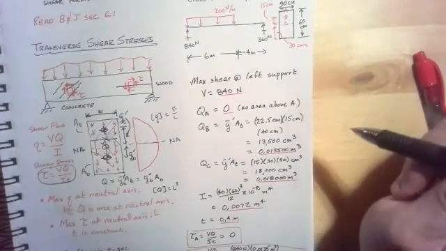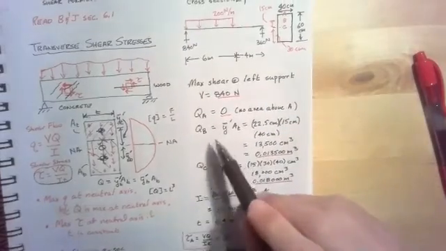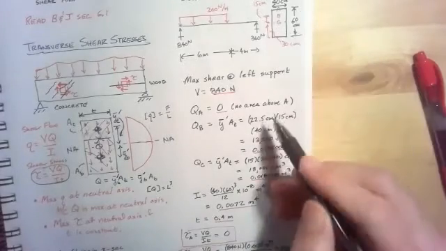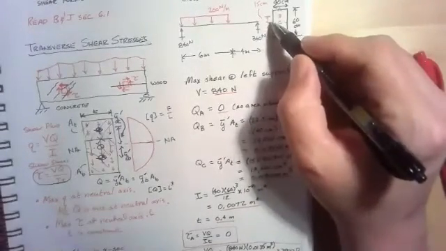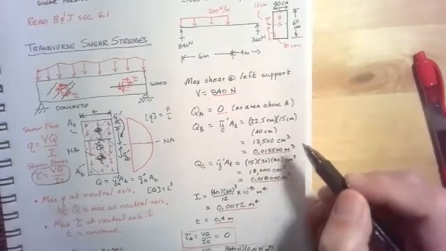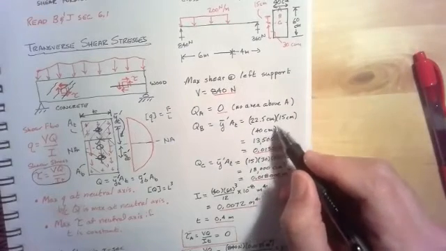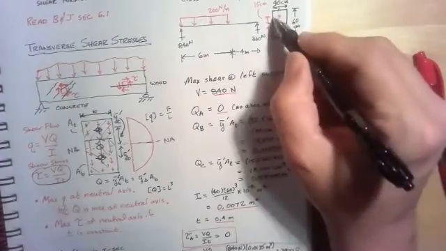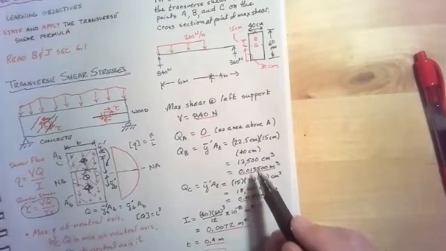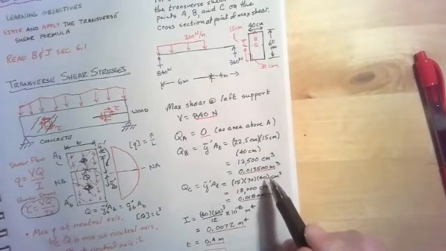So for point A, capital Q is 0 because we have no area above point A to take a moment about. So QA is equal to 0. QB is equal to Y bar for B times the area above B. So Y bar would be 22.5 centimeters up to the centroid of the area above B, times 15 centimeters times 40 centimeters, which is the area above B. And when I do the computations, I come up with 13,500 cubic centimeters.